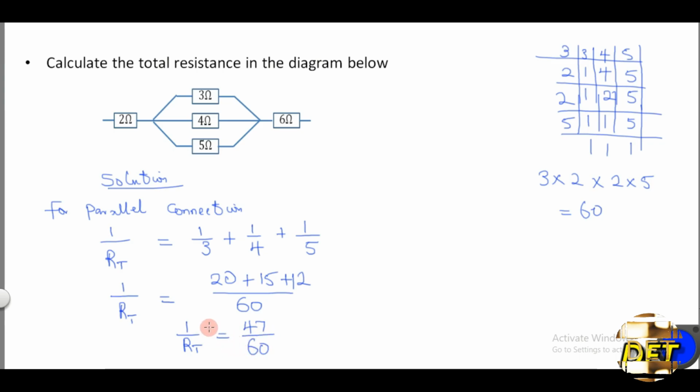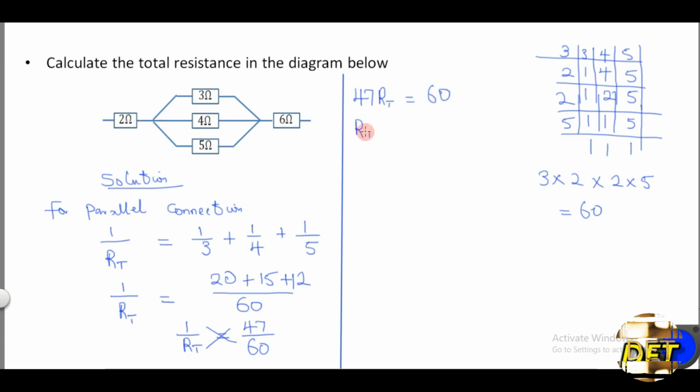So the next thing I want to do is to cross multiply. When I cross multiply, ROT times 47 will give me 47 ROT is equal to 60.